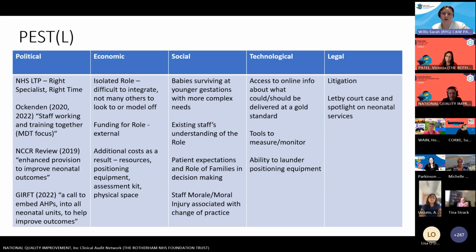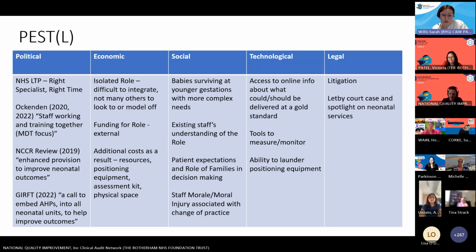Obviously, Ockenden, in terms of maternal health, but also accessing an MDT focus that work and train together and have aligned principles. Obviously, very relevant to a service that has never had a therapist in there before, and how we learn to work together and move forward with the same outcomes and expectations.